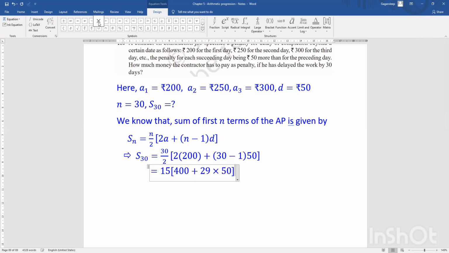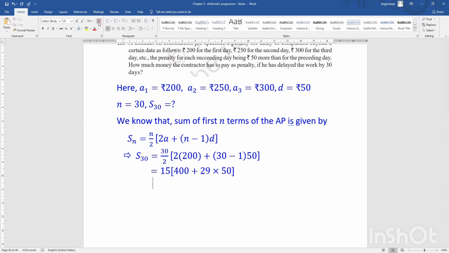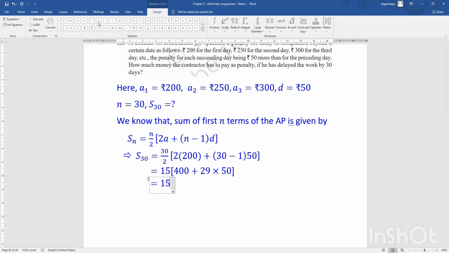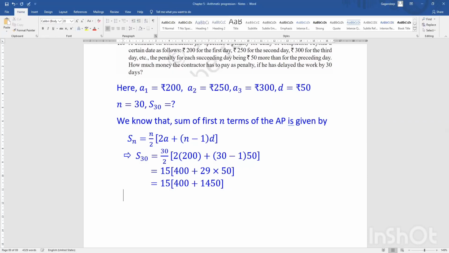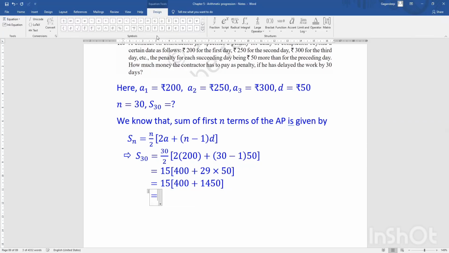Bracket close. Okay, which is nothing but equal to 15 bracket open 400 plus 29 into 50, it is 1450. Bracket close. Okay, which is equal to 15 into 400 plus 1450, which is nothing but 1850.